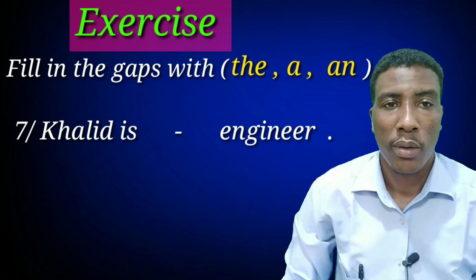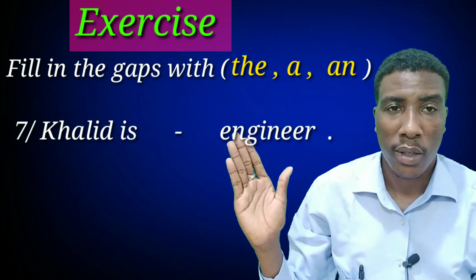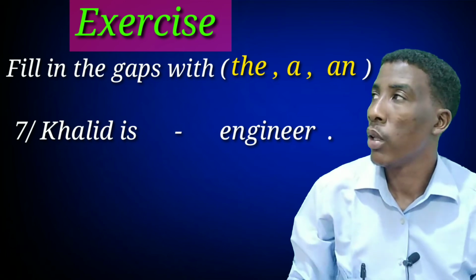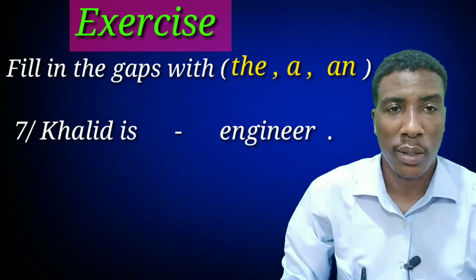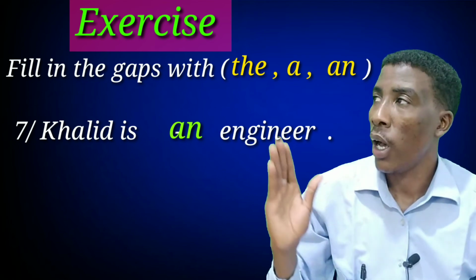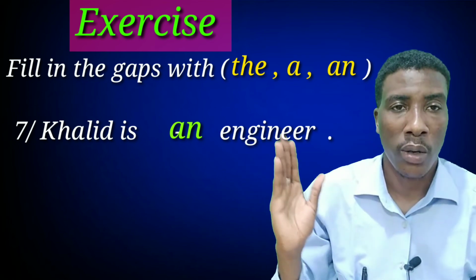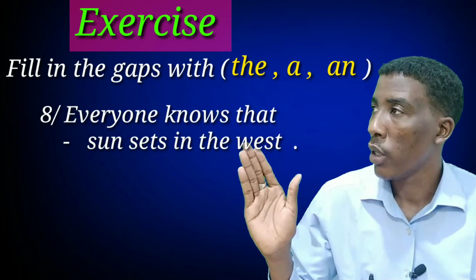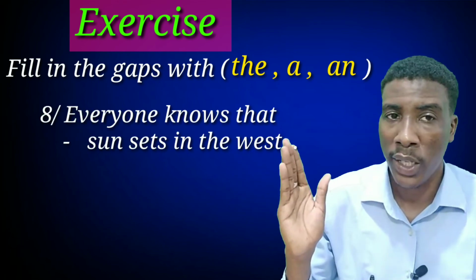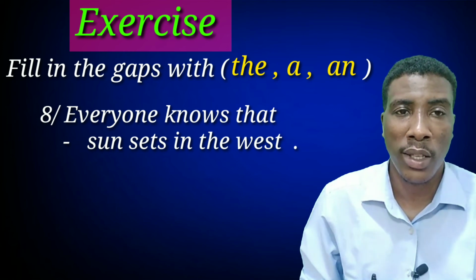Number 7. Khalid is engineer. So the answer is an. Khalid is an engineer. Very good. Everyone knows that sun sets in the west. So what's the answer?